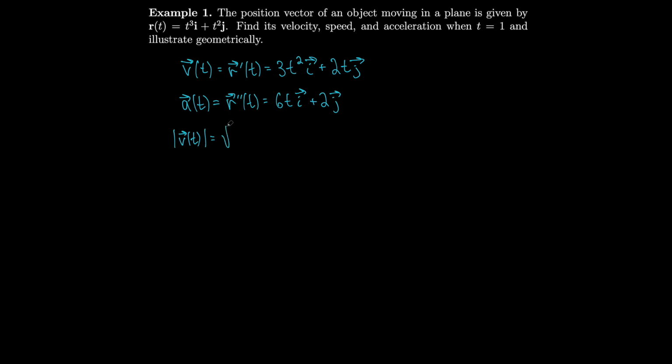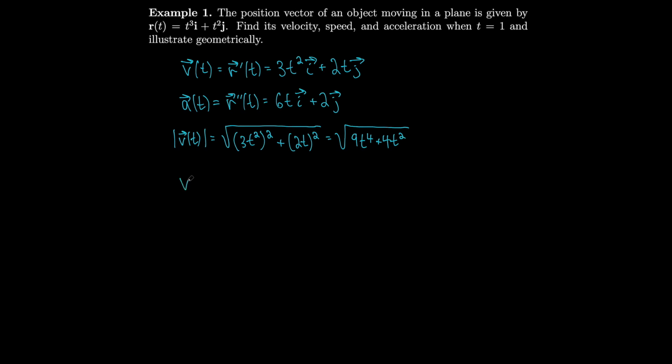So that's the square root of each of those components squared, so it's the square root of 3t squared squared, plus 2t squared. That simplifies to the square root of 9t to the fourth plus 4t squared.